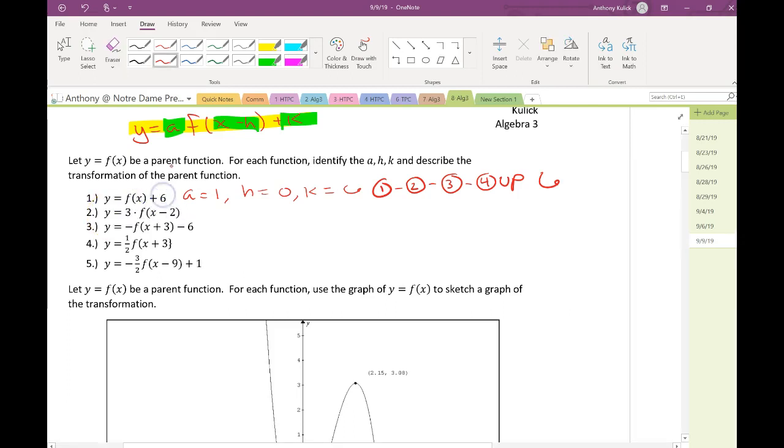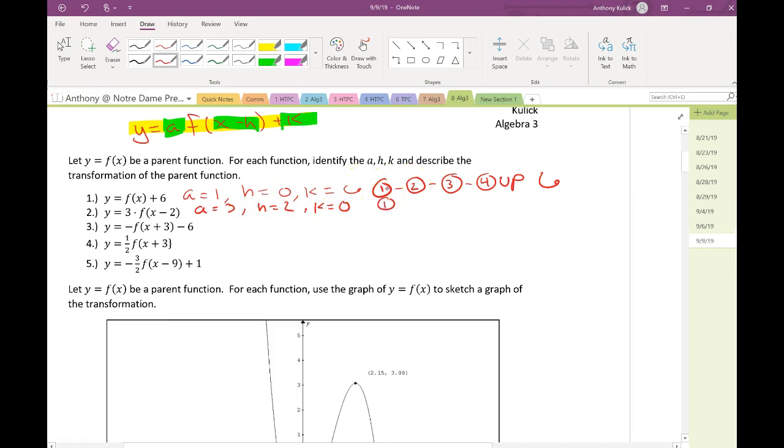Let's look at number 2. What are my values for A, H, and K for number 2? 3, 2, and 0. Very good.